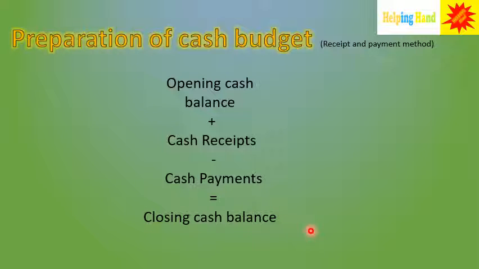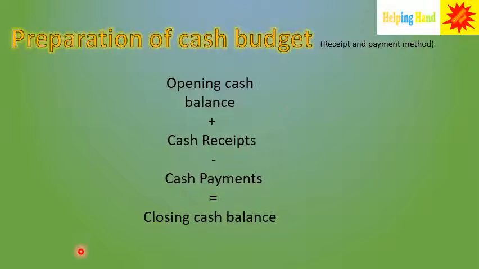Let us understand this with an example. If we're considering a cash budget for the month of April, the opening balance shall be given to us, maybe 25,000, assuming it to be.